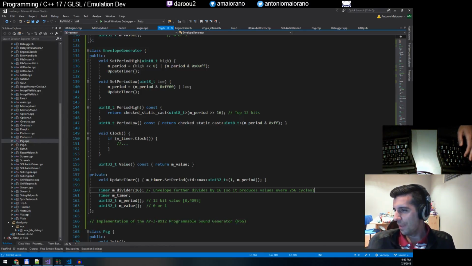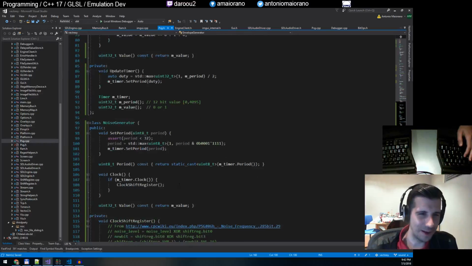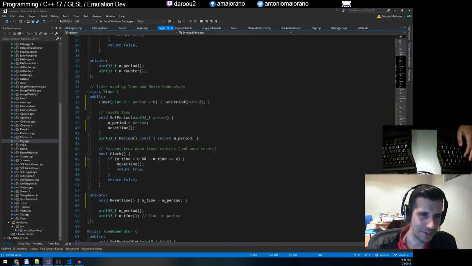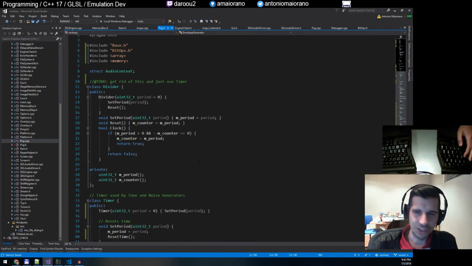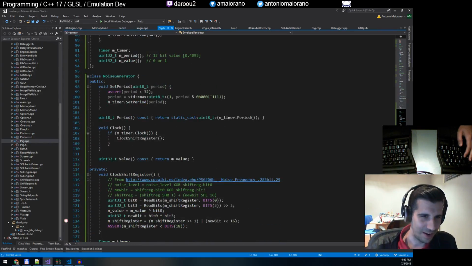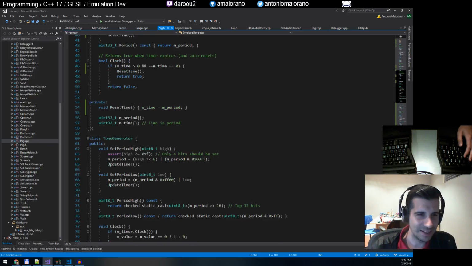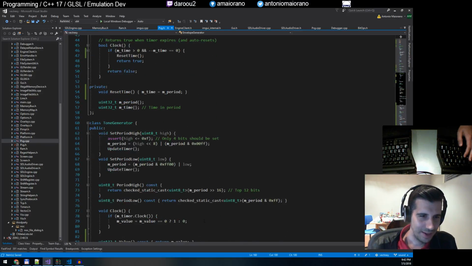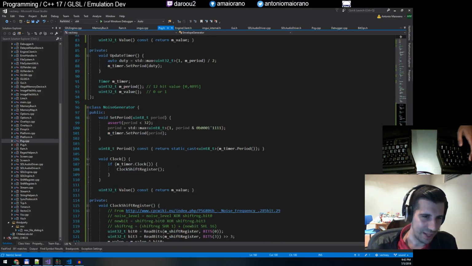It's funny how you're amazed at how you managed to make two identical codes. You don't think that's funny? You don't think that's amazing? I mean, what happened was I wrote this, the divider, a couple weeks ago, when I started working on it. Then later on, I wrote a tone generator, and in the tone generator, I had code like the timer. Then I was writing the noise generator and realized, oh, I need the same thing.